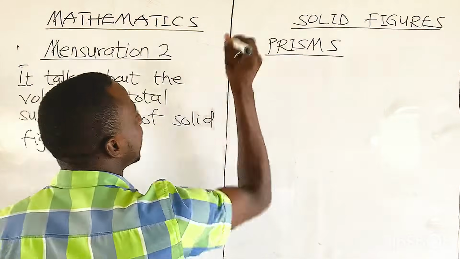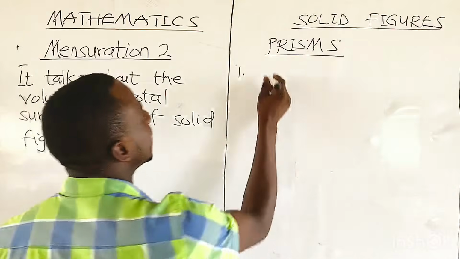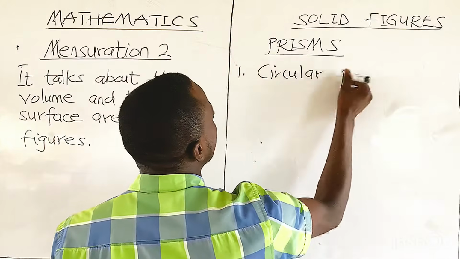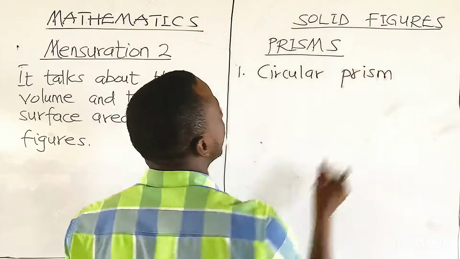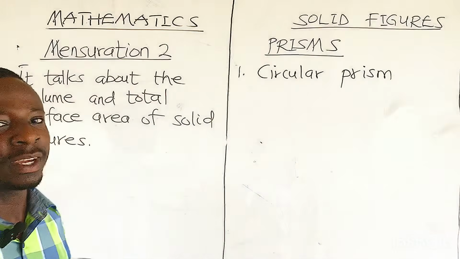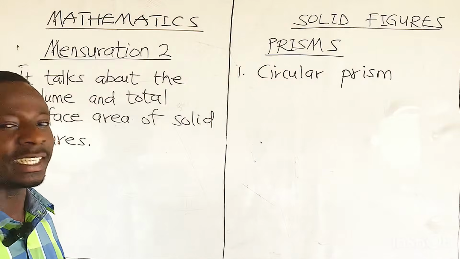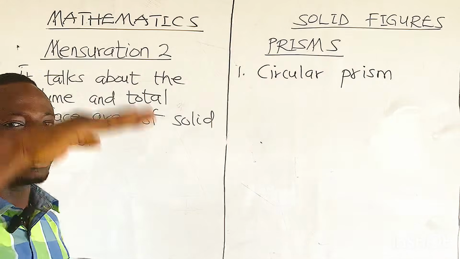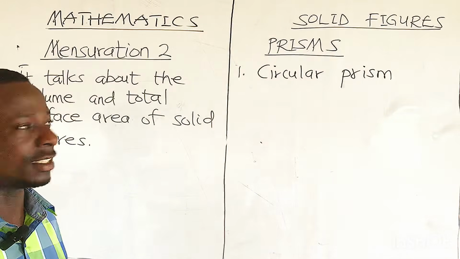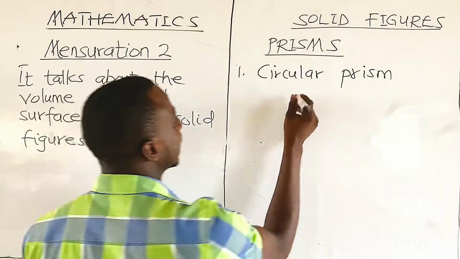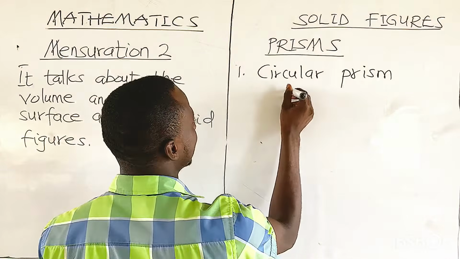So the first prism we are going to look at is the circular prism. When you look at the circular prism, the top is in the form of a circle. The base is also in the form of a circle. So the top is equal to the base. And this is typically called the cylinder.